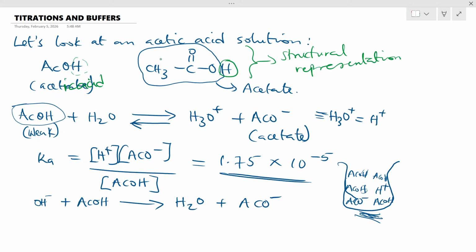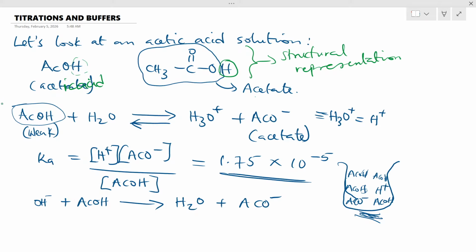So when this goes through dissociation, it gives off its hydrogen ion, which is this one attached here structurally, and when it does that, what is left is your acetate.